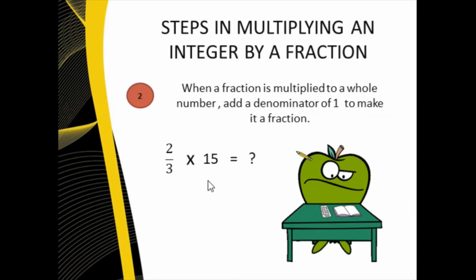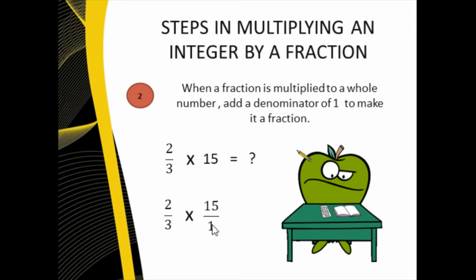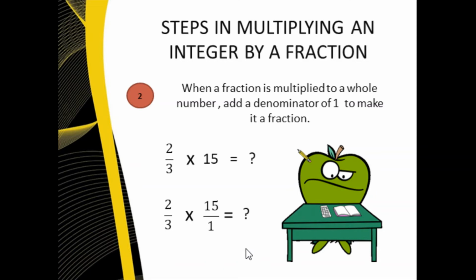So what we are going to do is to write 1 as the denominator, so it becomes 2/3 times 15 over 1. And then equals, not yet. This is the second step.